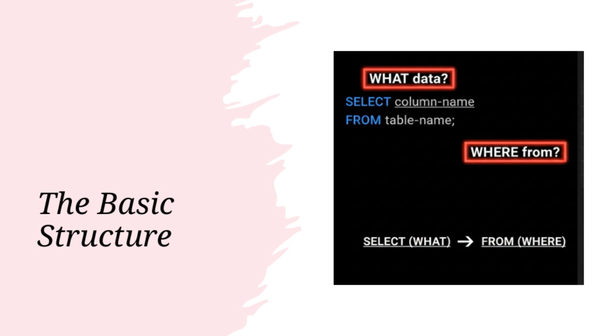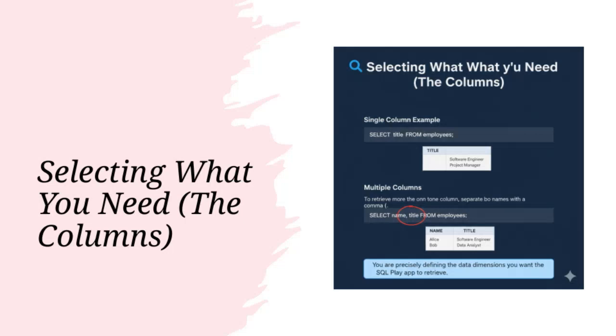everything else we'll explore. When it comes to selecting what you need, think of it as focusing on the columns. Each column represents a specific aspect or category of data that's relevant to your analysis. The key is to choose the columns that truly matter for your goals. This helps keep your dataset focused and manageable.